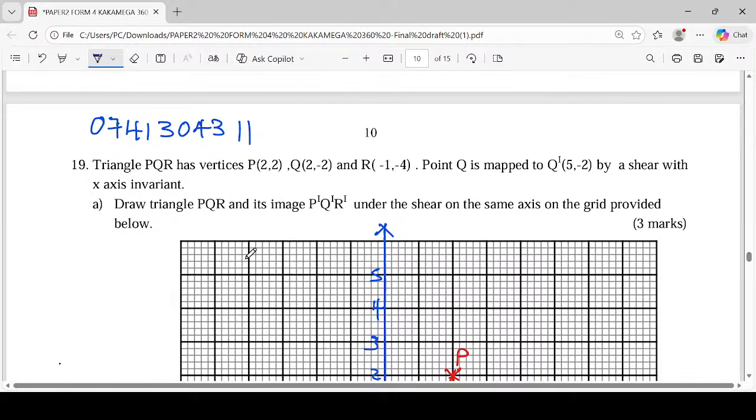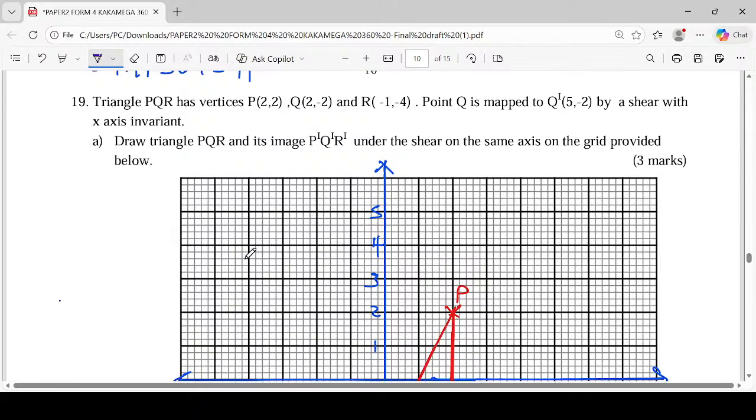We are to draw triangle P prime, Q prime, R prime, that is, draw PQR and its image under the shear on the same axis.